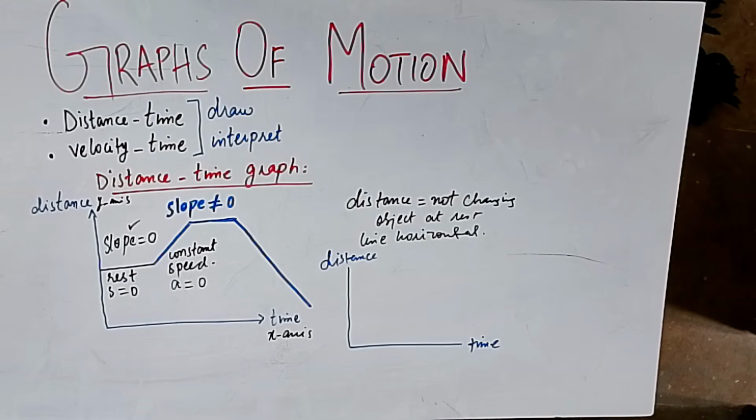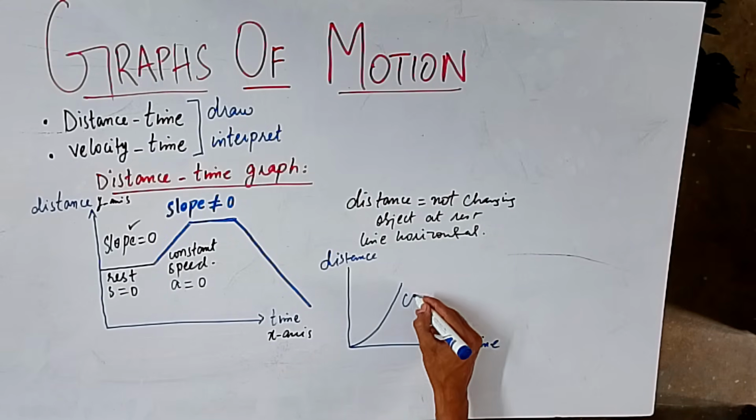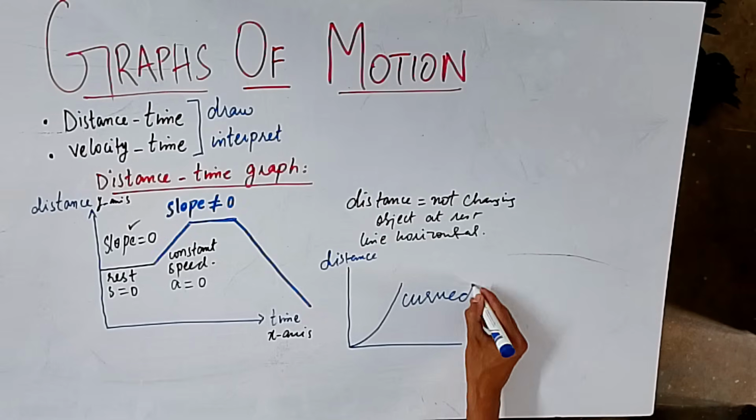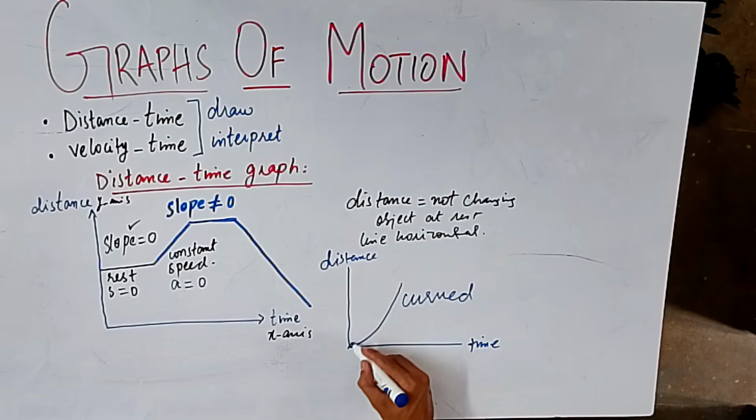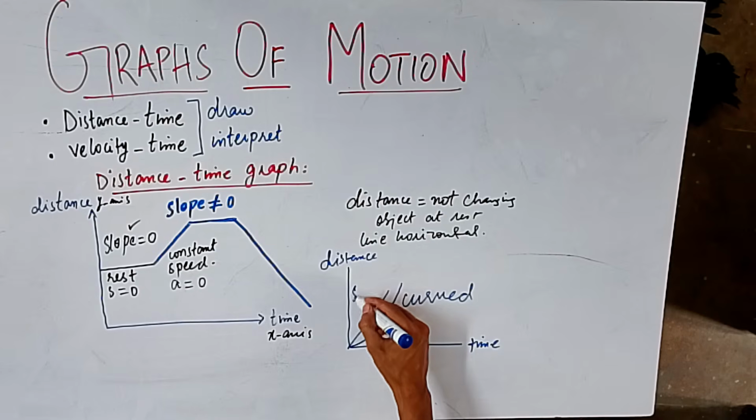Okay, now if you have a line which is a curved line like this, it is a curved line, and one line is like this, it is not curved, it is straight.